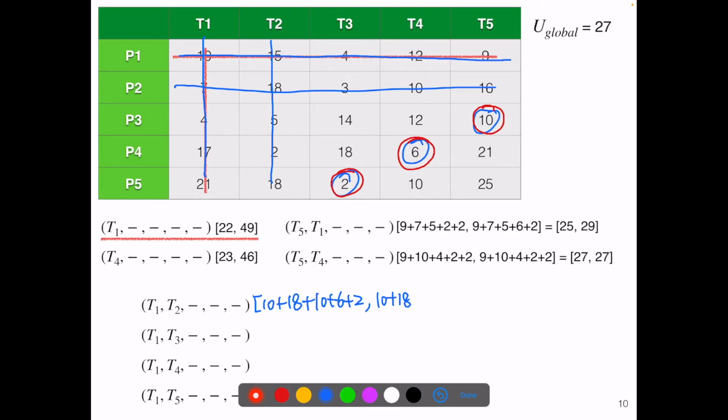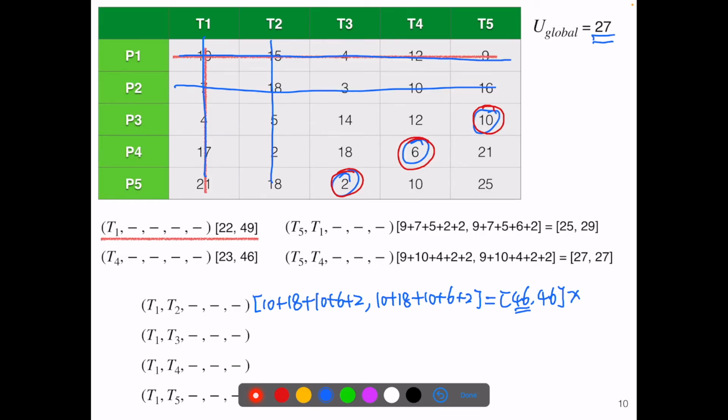So this minimum solution is also a feasible solution. So the upper bound will be 10 plus 6 plus 2. That'll give us 46 and 46. We can actually eliminate this solution right away because it has a lower bound 46 that's greater than the global upper bound.